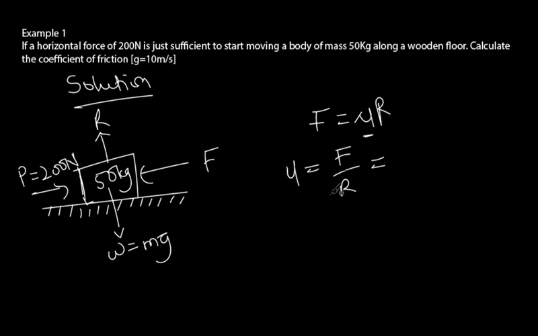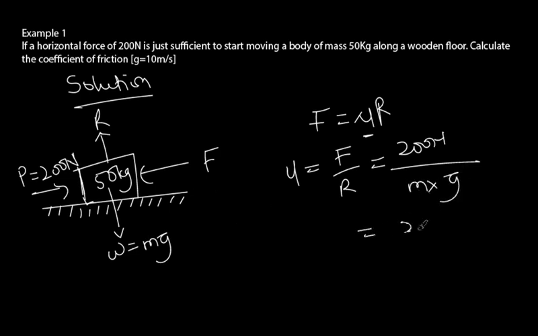Now the frictional force in this case will be equal to the force that is being applied to move this body. So we have 200 newtons divided by the normal reaction R, which will be equal to the weight of the body, that is the force holding the body onto the surface of the wood. So in this case it will be what? The mass times the gravity.